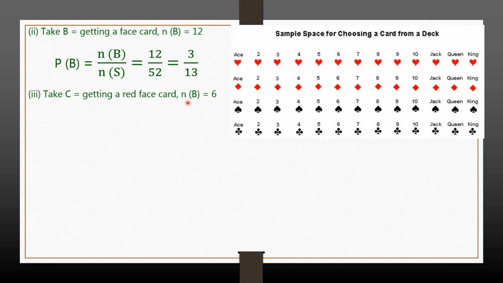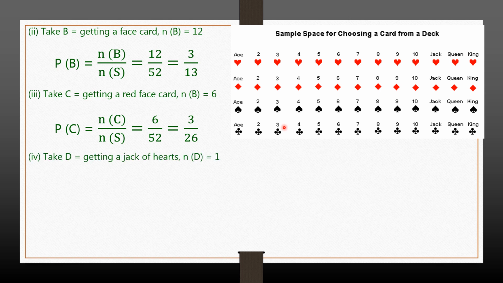So n of C is equal to 6. And now by applying the formula, P of C is equal to n of C by n of S, that is 6 by 52. Go for cancellation with 2 3s and 2 26s. Like this you can find probability of getting a red face card. You have to see both the conditions. Here it should be a red card as well as a face card. Face cards are 12, but red face cards are only 6.